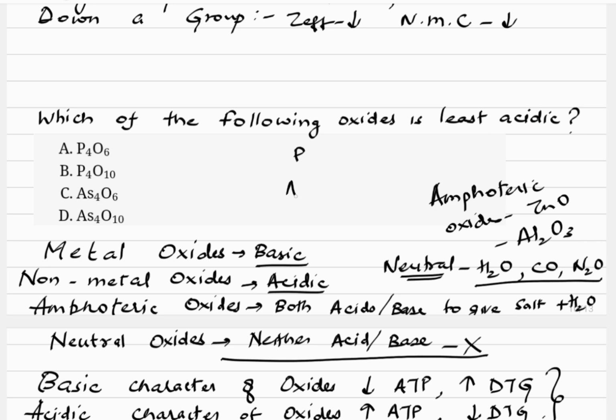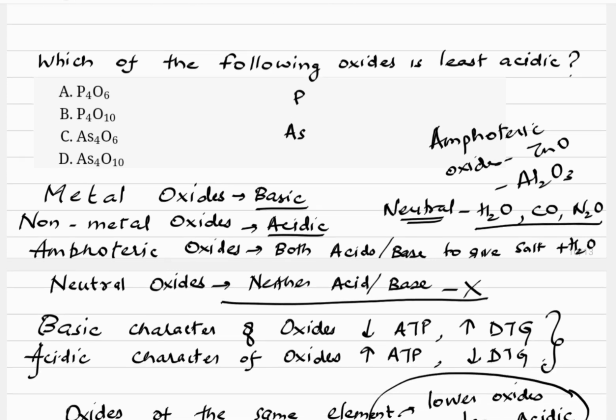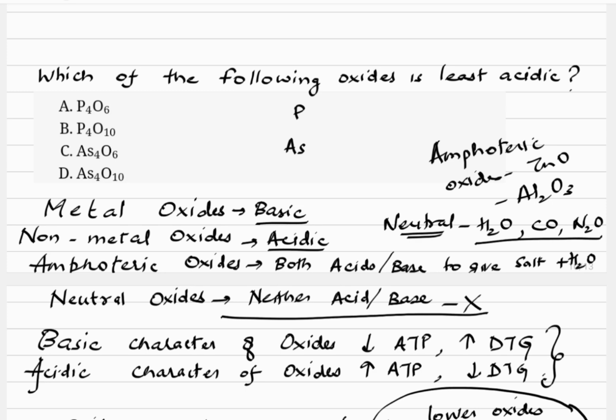Now, phosphorus and arsenic, these are the two elements in the four options. Arsenic is below phosphorus in the group, right? And down the group, we know that metallic character increases, therefore basic character increases, therefore acidic character decreases.